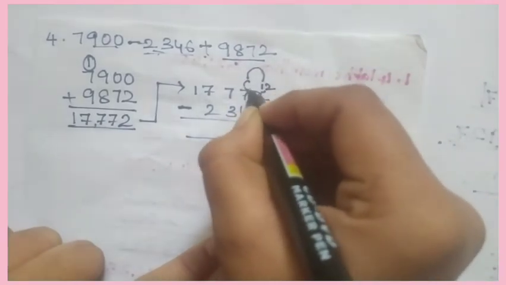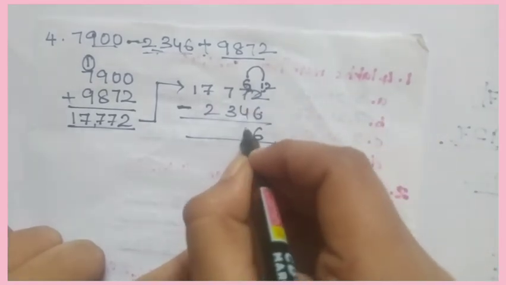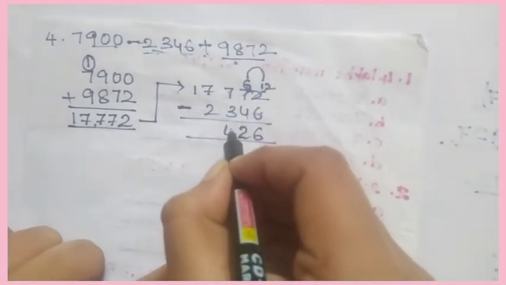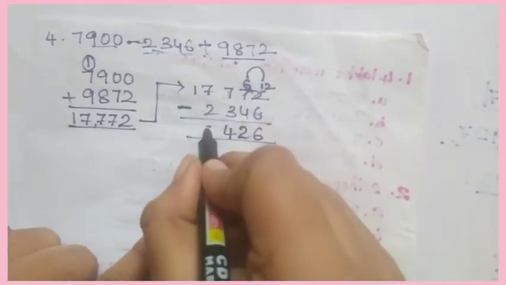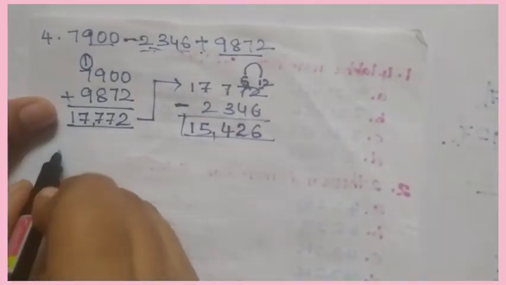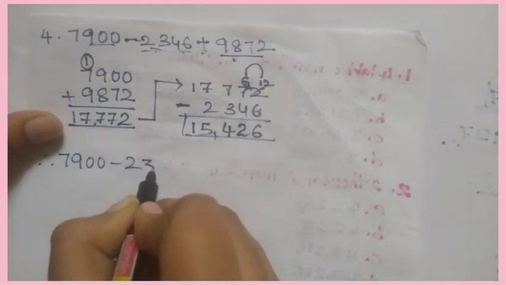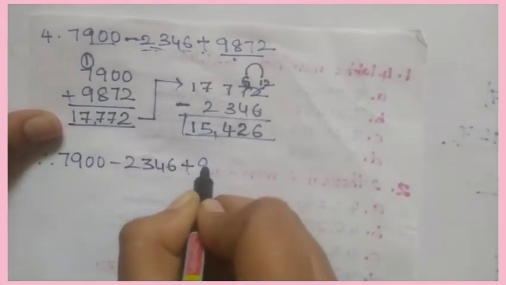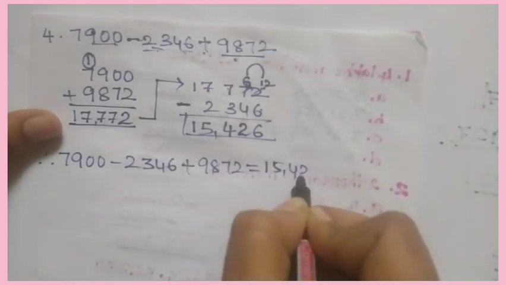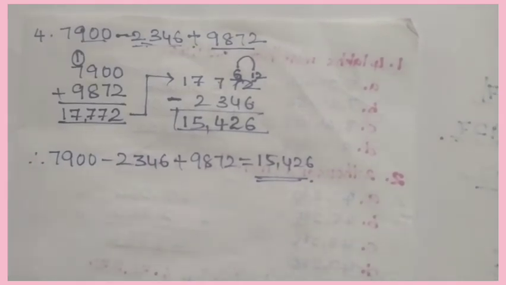This 7 will become 6. 12 minus 6 is 6 and 6 minus 4 is 2. 7 minus 3, 4. 7 minus 2, 5 and this one is 1. Therefore we got this answer. Therefore 7900 minus 2346 plus 9872 equal to 15426 is the answer. Okay, like this you have to do.